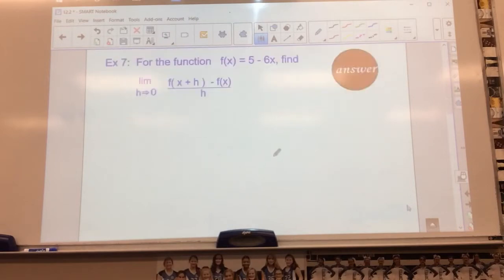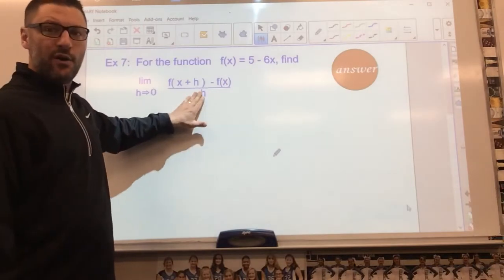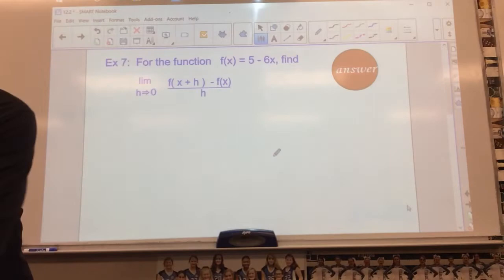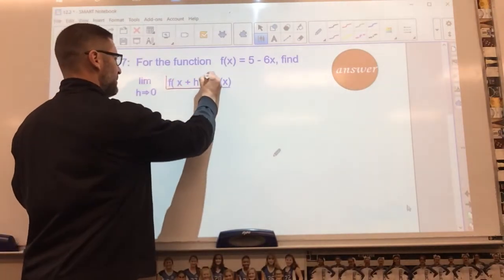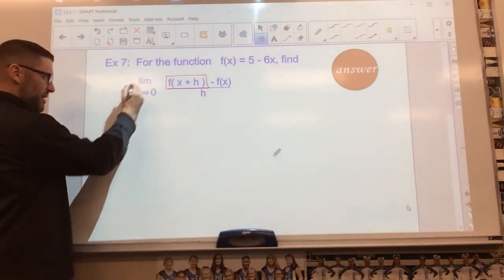All right, so for the function, use this formula, apply this formula on this guy. So I'm going to use some colors here, okay? So first of all, I'm just going to chunk it up. I'm going to find that. Okay? So I got the limit. This part here I'll leave in black.